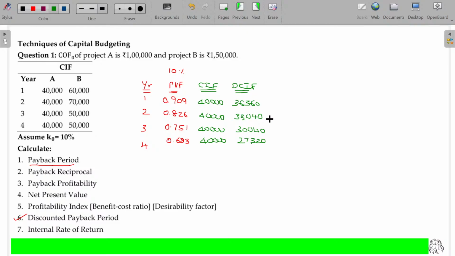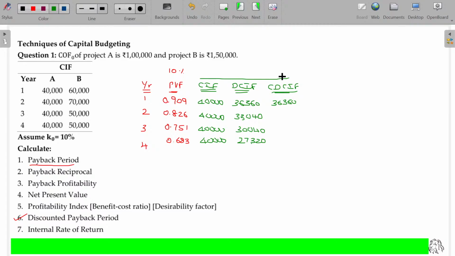So first year I get around 36,360, second year if I add 33,000, almost I'm getting 69,000 something. Okay, still there is a shortage of my investment. Another year, another 30,000 rupees. So you can better calculate one more item called cumulative discounted cash inflow. Up to first year end, I get 36,360.